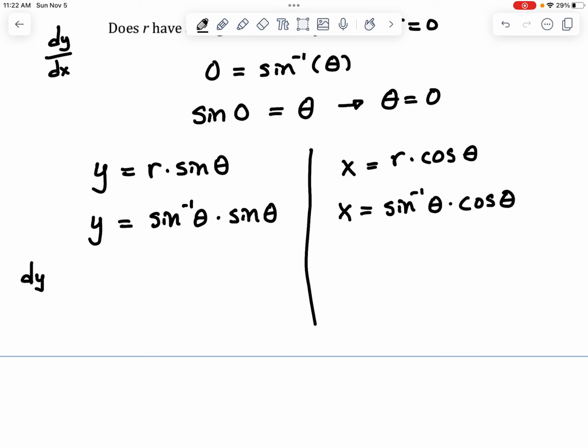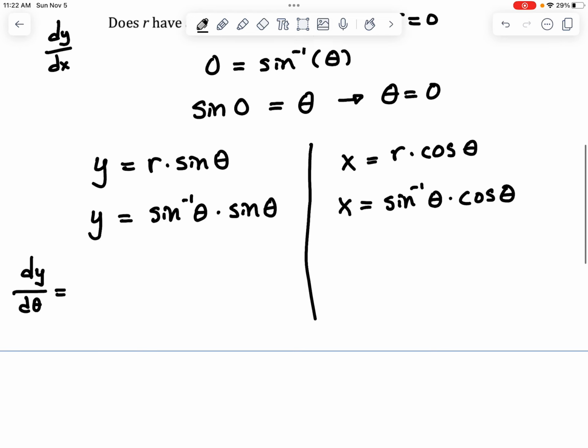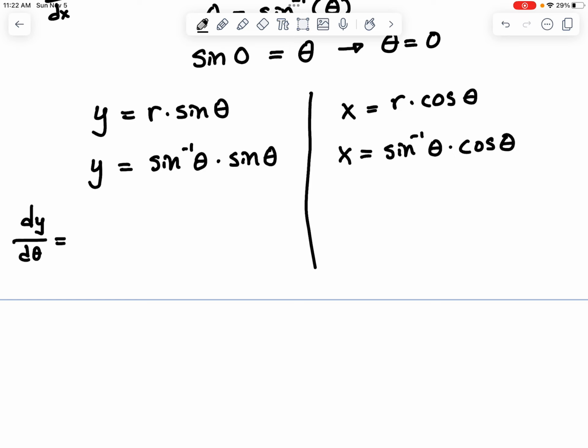So the dy d theta will be the derivative of sine inverse, which is 1 divided by the square root of 1 minus theta squared. So there's the derivative of sine inverse. And as you can see, if you have something like theta equals 1, it's going to be undefined. Luckily, we've got theta equals 0, so that would still be defined.